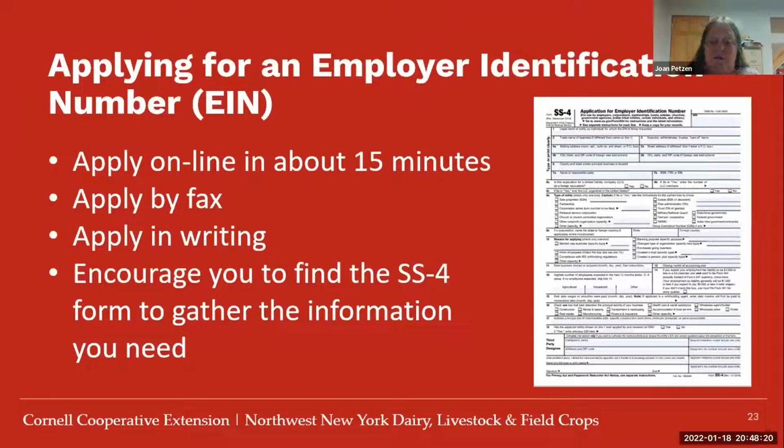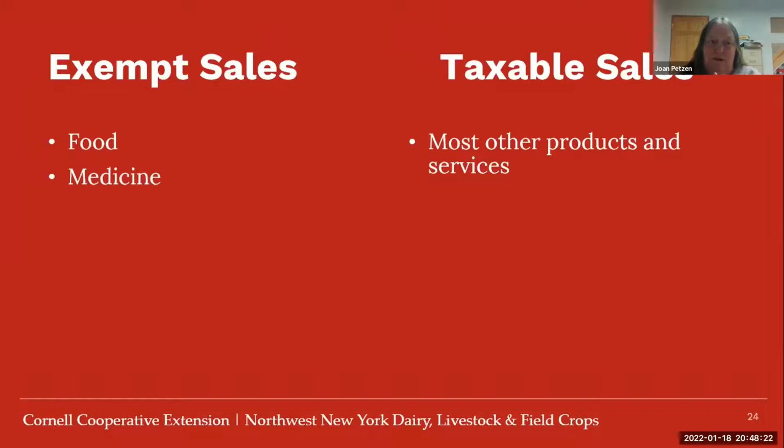Then you can in turn go to the sales tax. So let's talk about exempt sales and taxable sales. I will say, first of all, food is the primary thing that farmers sell. There may be some medicines that you would sell that are tax exempt. Most other products and services are taxable.